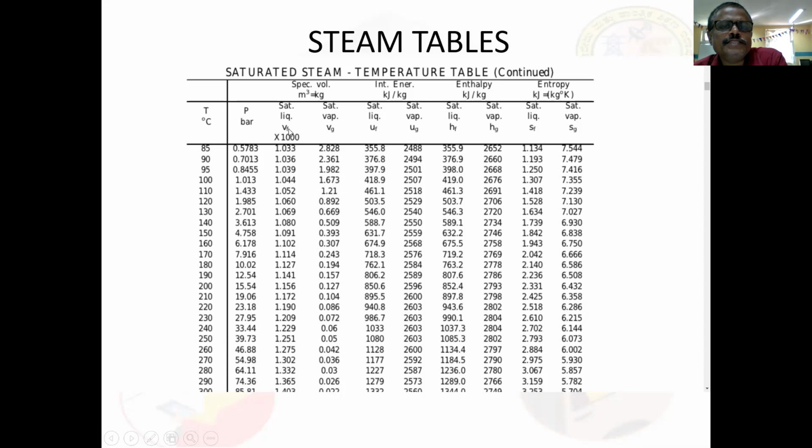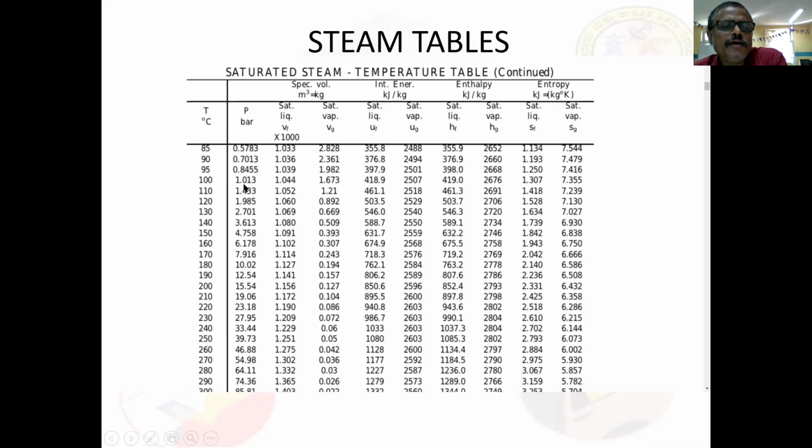Then various properties: specific volume, internal energy, specific enthalpy, specific entropy. All these things are shown here. These are all experimental values tabulated in the form of steam tables. So all these properties will change when the pressure of steam formation changes.